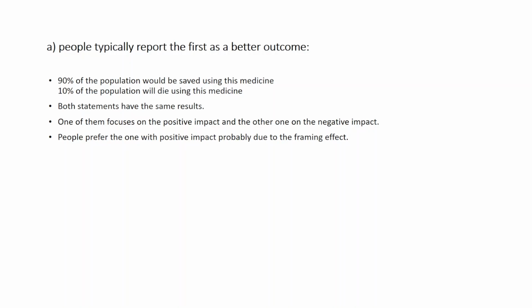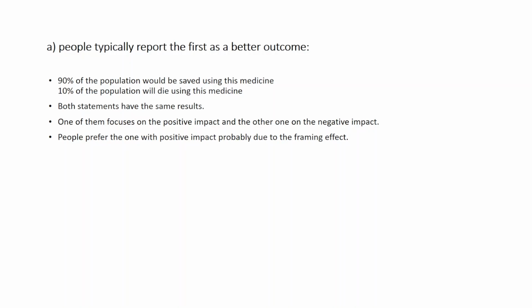We've seen in our lecture that people prefer the positive impact due to the framing effect. They see, in this case, the situation as a gain or a loss message. For them, the 90% would help save the population rather than the 10% not helping people. And that is why this could be due to framing bias.